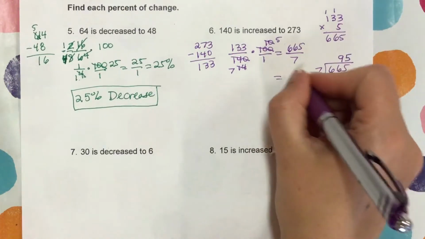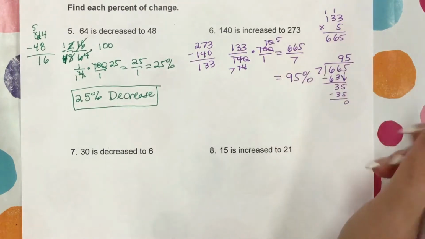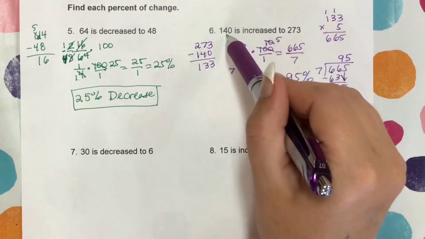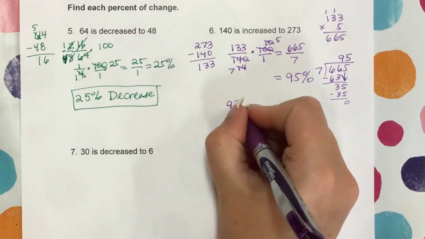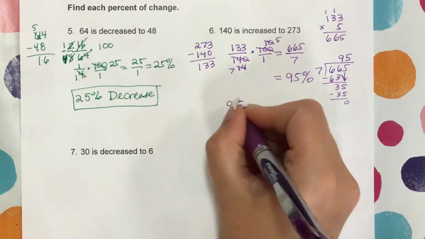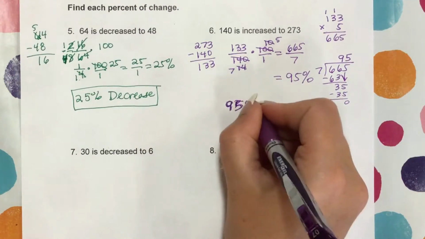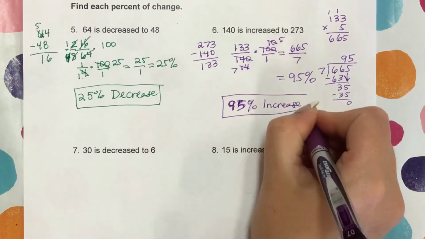So I know that this ends up being 95, and that's 95%. So 140 is increased to 273, so I know that that is a 95% increase. So if you got that one right, great job.